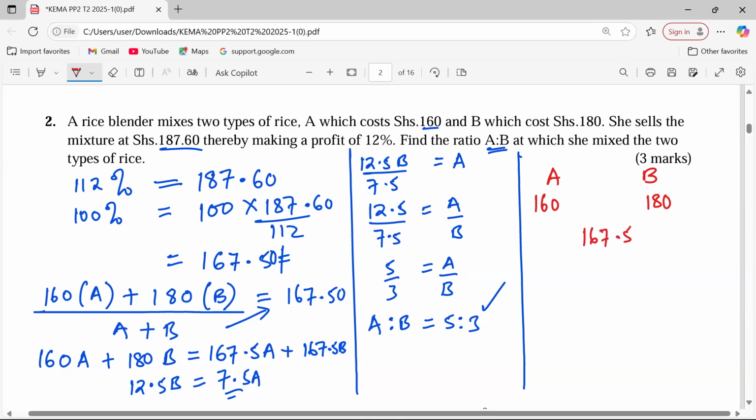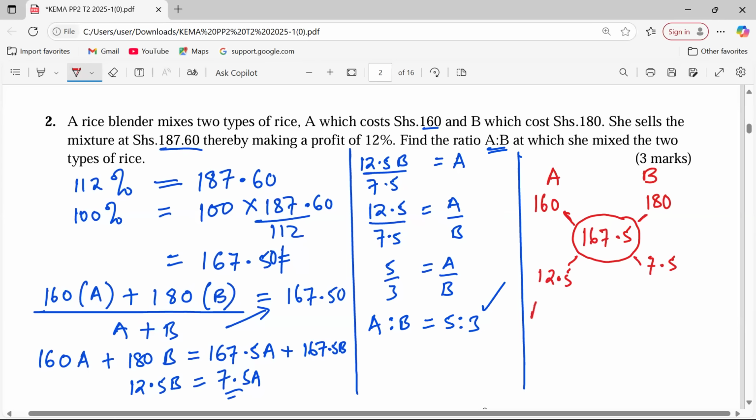Therefore, now with this, we are supposed to subtract both values from the cost price of 1 kg. So 160 and 167.5 should be subtracted, and this will give us 7.5 at this point. Then 180 and the same value should also be subtracted, and this is going to give us 12.5.